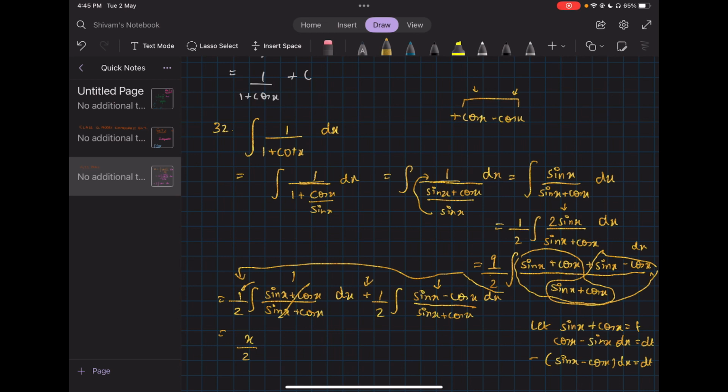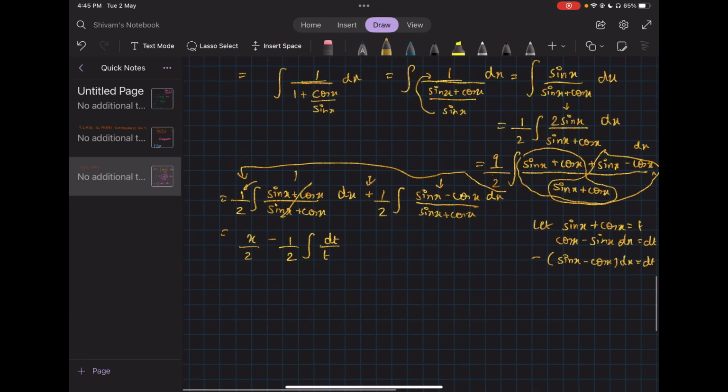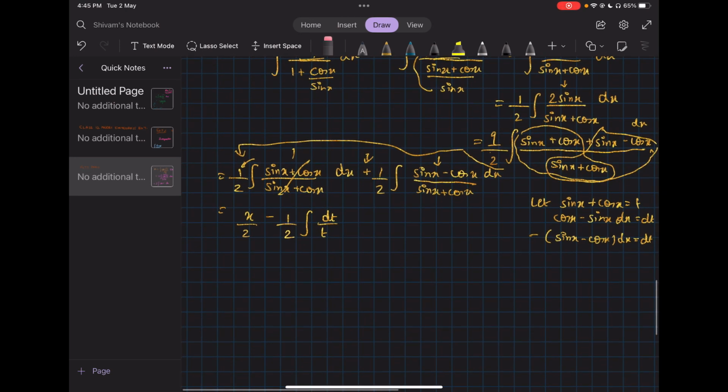So this plus becomes a minus, and we are integrating dt over t. Now I'm going to integrate the second integral in the t world. That's going to be minus half log mod t plus c. And now I'm just going to replace t with sine x plus cosine x, plus c.